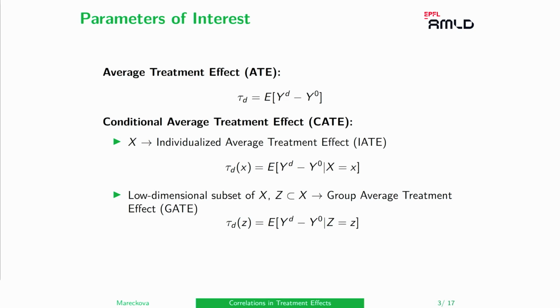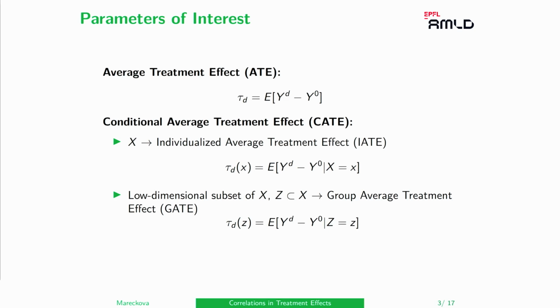This brings us to the so-called individualized treatment effect, because we can see what we can expect the difference between the two potential outcomes to be for an individual with this specific value of features equal to small x. This could be too granular, so sometimes people think that maybe we should look at the difference in these potential outcomes on a higher aggregate level, in groups.